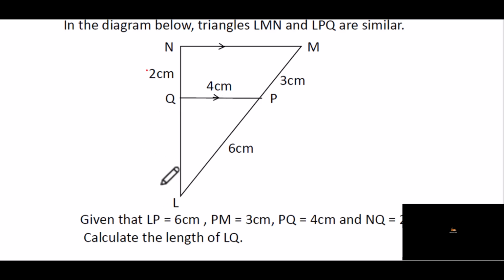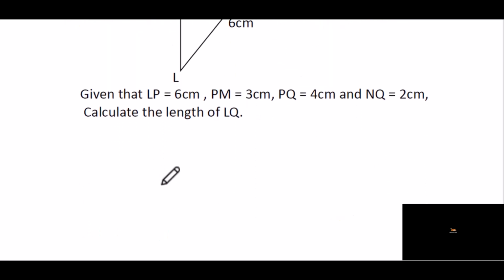So in order for us to calculate, we're going to write down our equation. Okay, so we write down LQ over LN, which is equal to LP over LM.